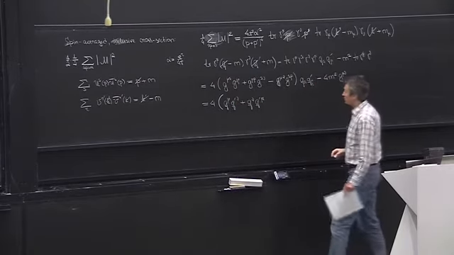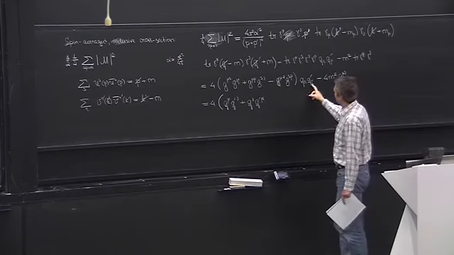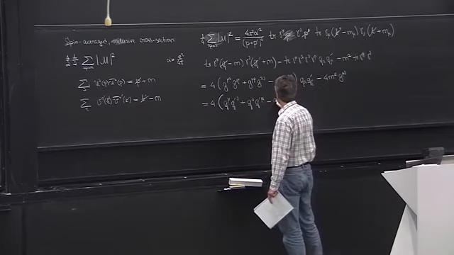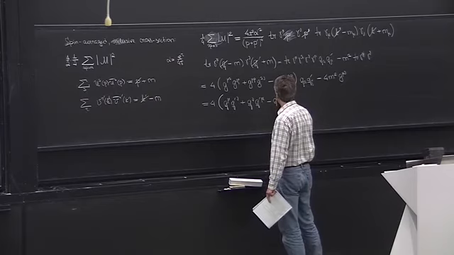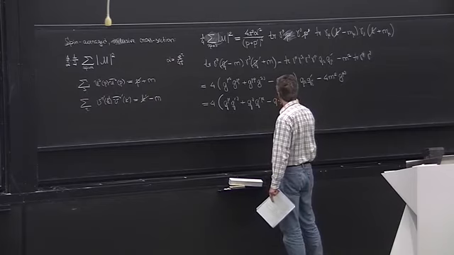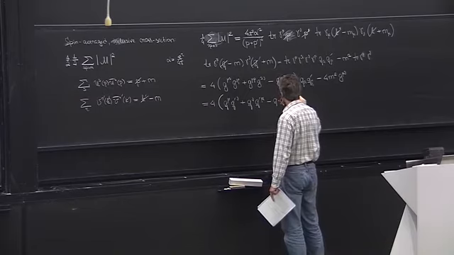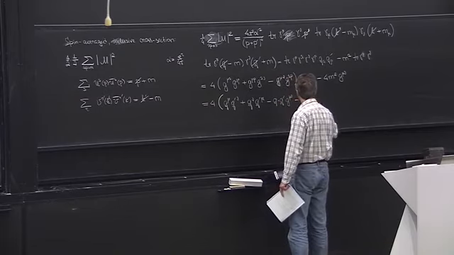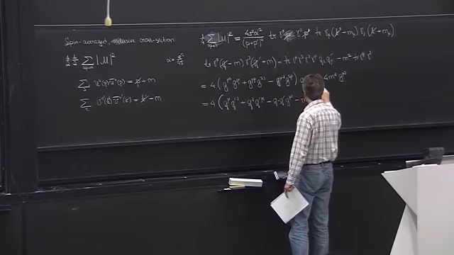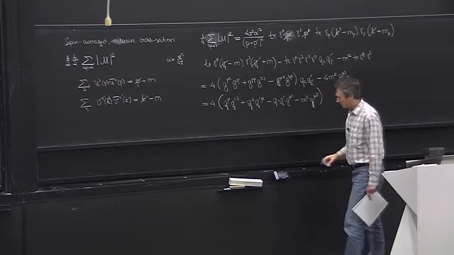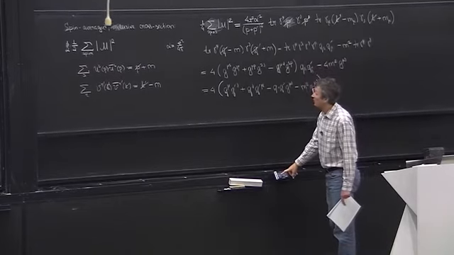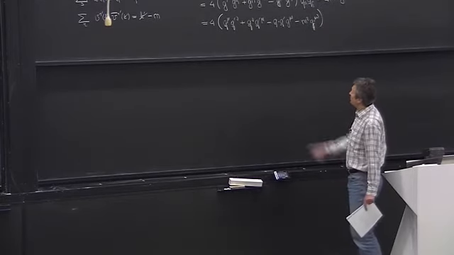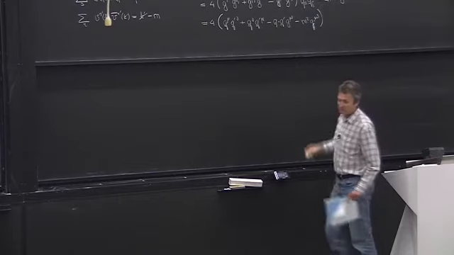So these terms, and in this term the indices are contracted, minus q dot q prime g mu nu and minus m squared g mu nu. So we have two tensors of this type with two indices.